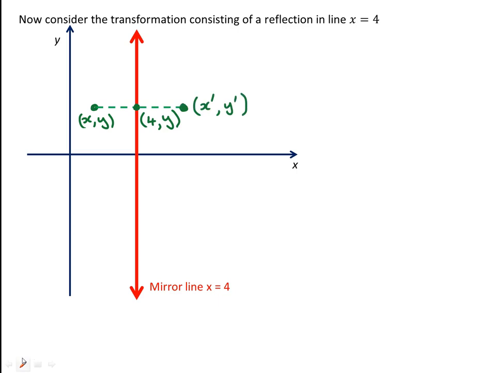So what we've got is the line going through xy hits the mirror line at 4y, and then the image is the point x dash y dash. Now clearly y dash is going to be exactly the same as y, because the mirror line is x equals 4.